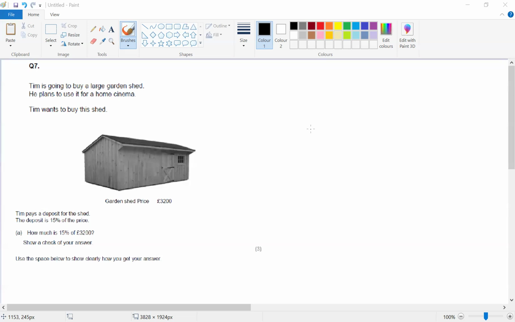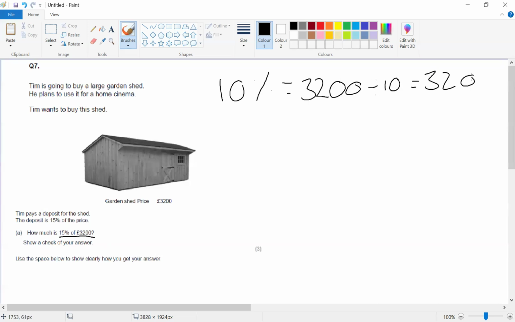So the first part is how much is 15% of 3,200? So 10% is going to be 3,200 divided by 10, which is 320.